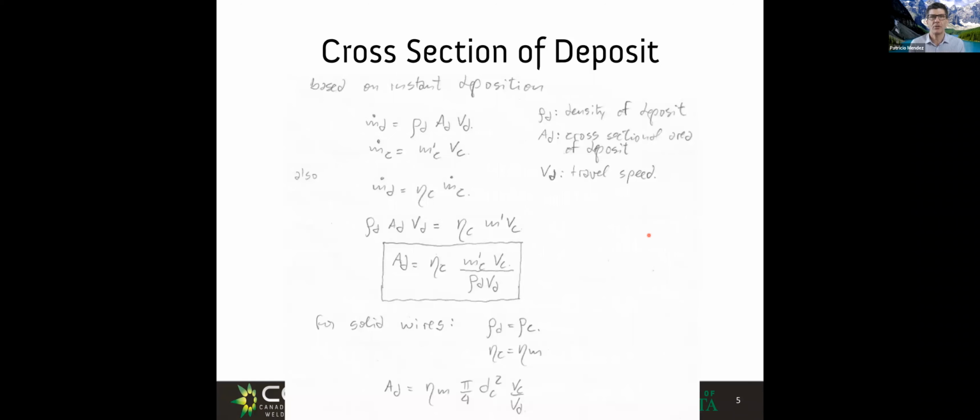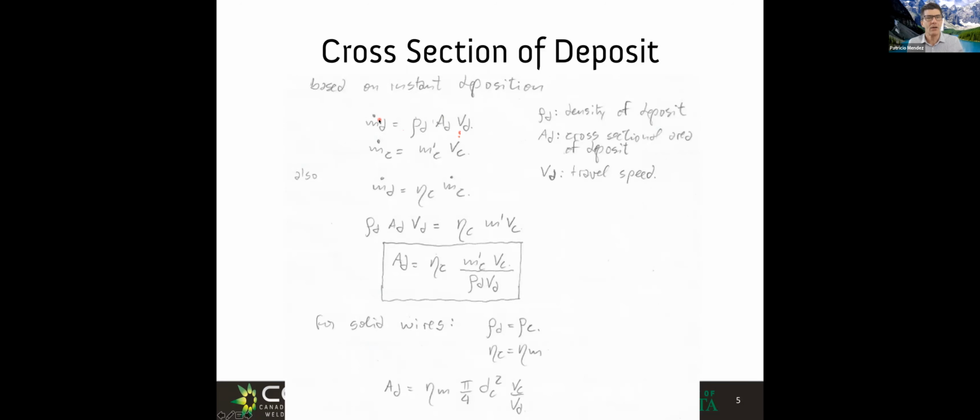let's talk about the cross-section of the deposit. This is the amount of mass in our deposit, in the cross-section of our bead, right? We're filling up a groove preparation. And this is just standard mass conservation. This is the density of the material in the deposit, for example, the density of steel, times the cross-sectional area of the deposit, which I'm going to get into in detail in the next slide, times the welding travel speed, right?